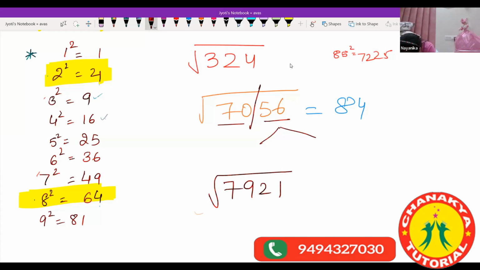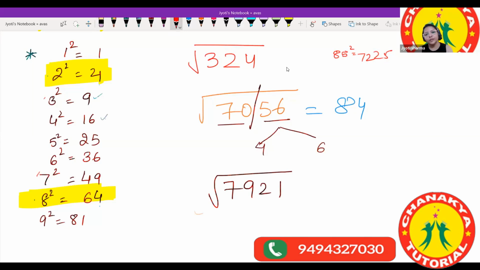Ma'am, did you correct the Sunday papers? No, not now. Will give you. Very good, Nayanika, Gautam Krishna, correct answer. Ma'am, wait and check our marks. Will send in group. Okay.